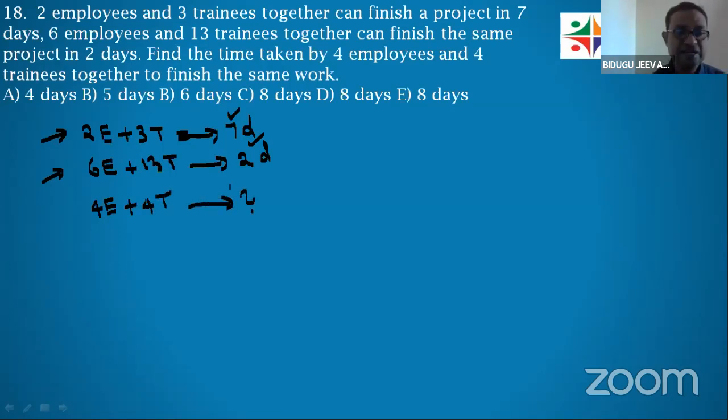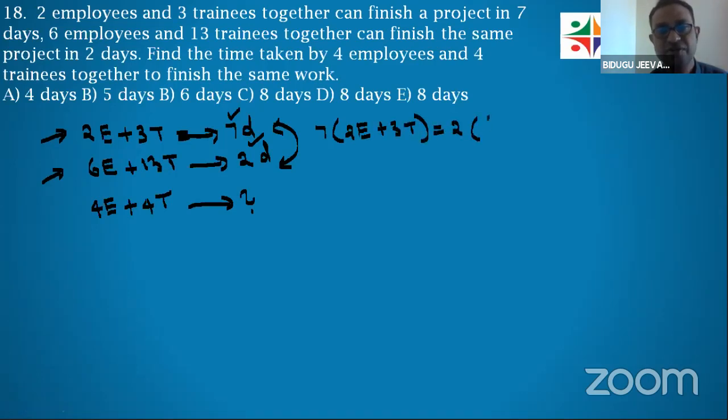Great. Now, in time and work, we find different models of questions. Here, if the question is given in a single variable, it's easy to calculate. But the question is given in terms of two variables. So I want to convert it into a single variable, either in terms of employees or in terms of trainers, right? So I want to find the relation between these two. 7 into (2e plus 3t) and 2 into (6e plus 13t).